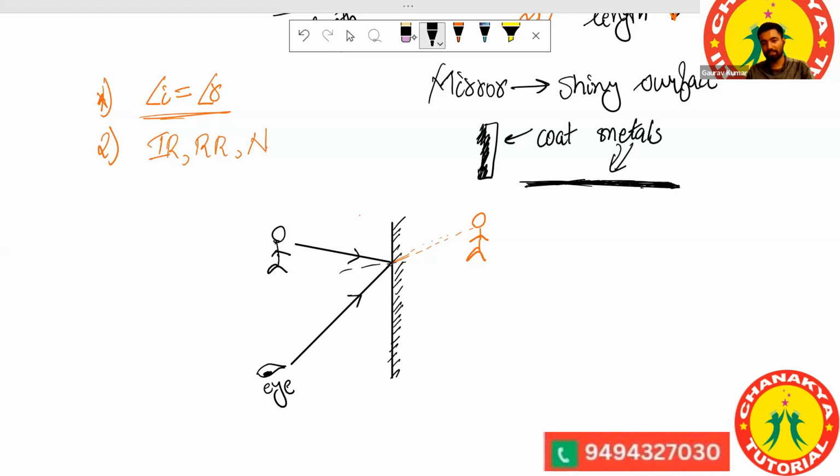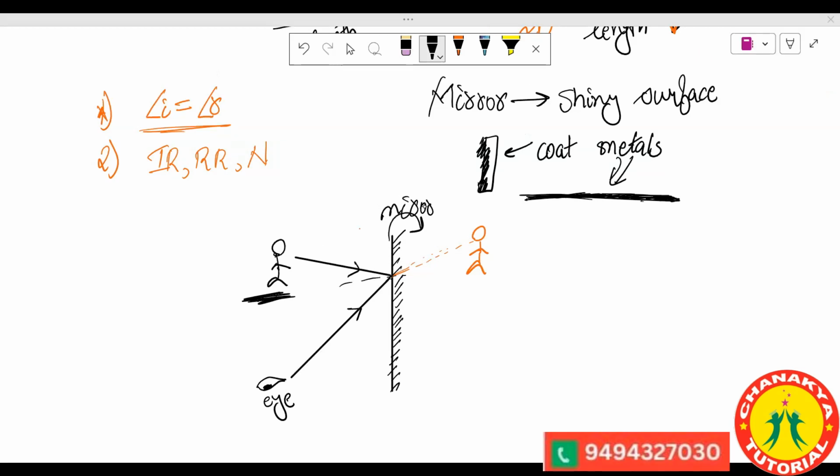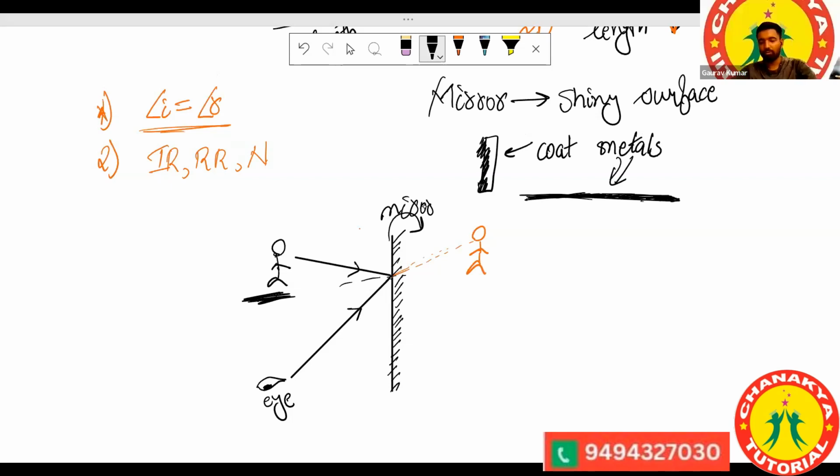Do you perceive it as the person standing behind the mirror, or will you feel that the person is standing on the same side? What will you feel? So he is standing behind the mirror.